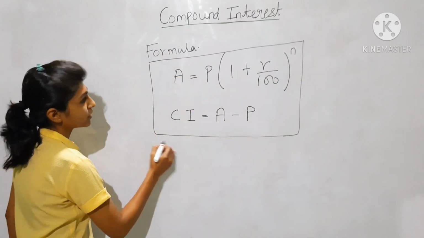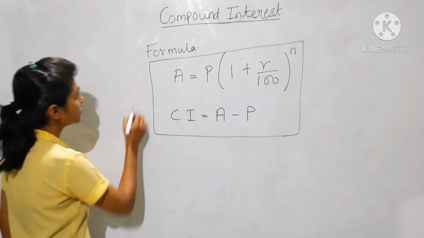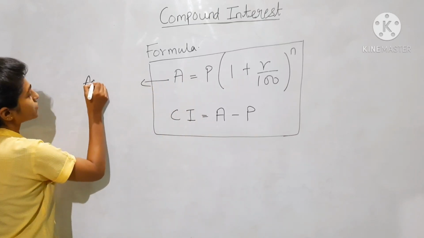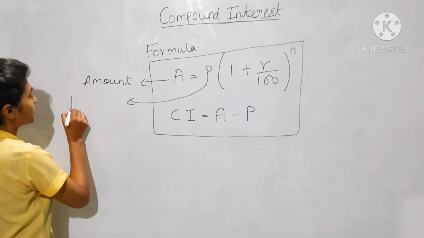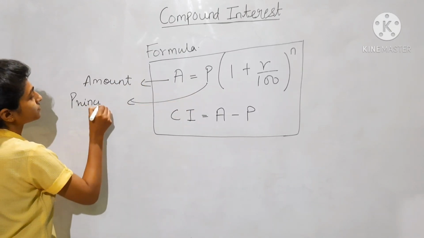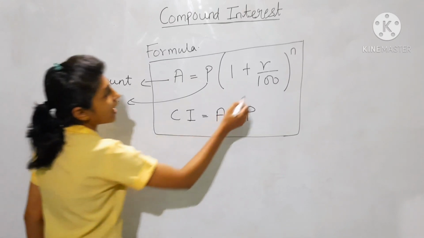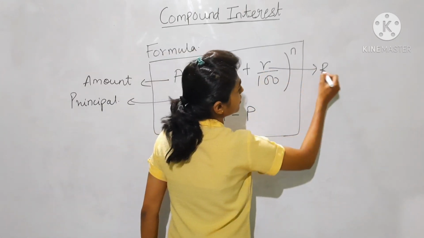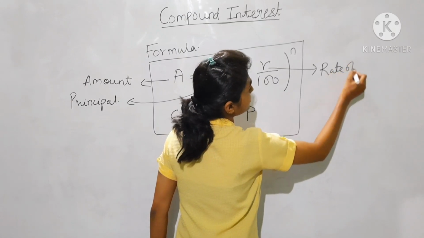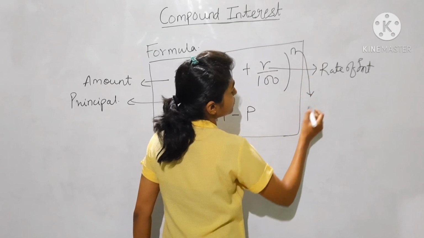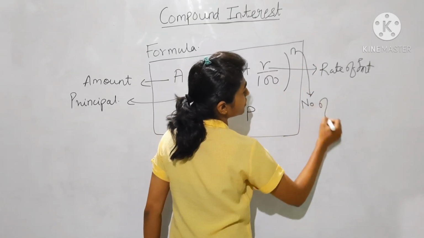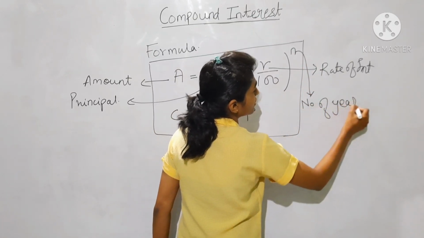So what does A stand for? Amount. A stands for amount. P stands for principal. R stands for rate of interest. N stands for number of years.